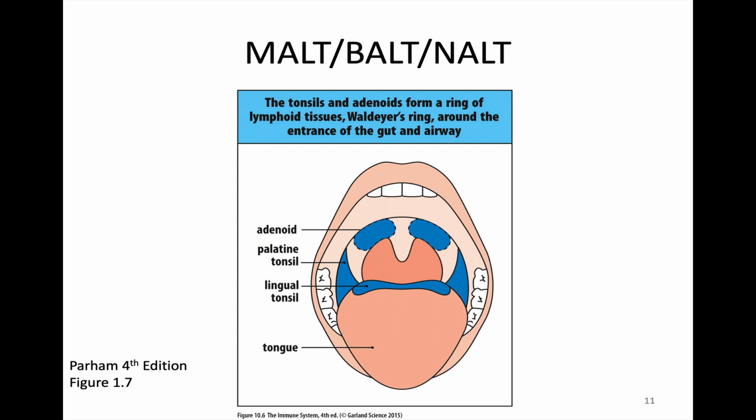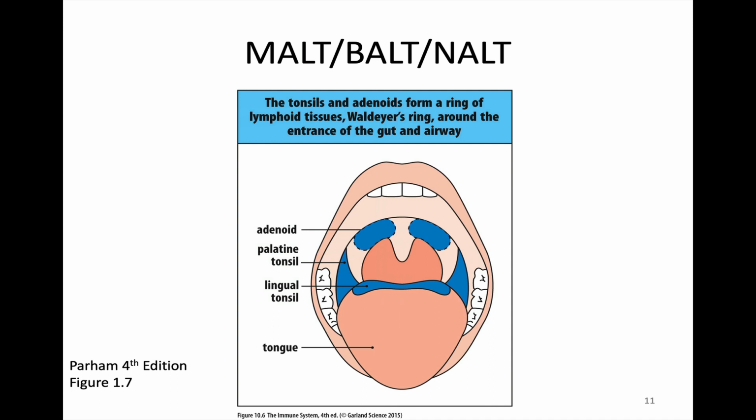Or we'll talk about BALT, similar tissue in the bronchial tract, so bronchial-associated lymphoid tissue. Sometimes we even talk about such tissue in the nose, nasal-associated lymphoid tissue, or NALT. In every case, it's the same: organized structures that make almost like a mini lymph node in different body locations that are in contact with microbes a lot.